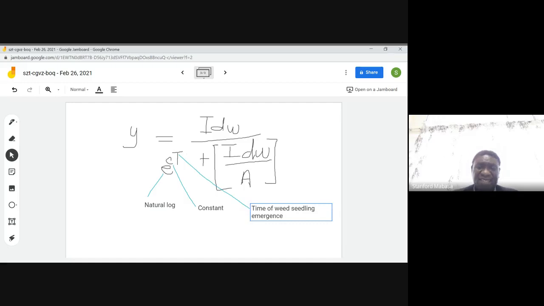Now, once Cousens had done this, the equation became useful, especially when you have weeds which emerge ahead of the crop. You could predict yield losses. But of course, one has to count the weeds.